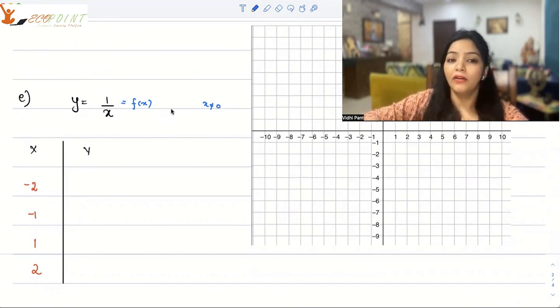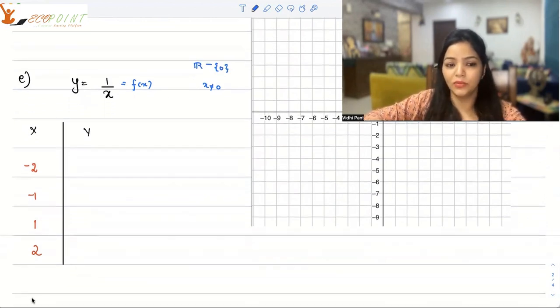So our domain for this function is all real numbers except for 0. I'm not even looking at the input 0, because when x is moving towards 0, f(x) would be moving towards infinity.